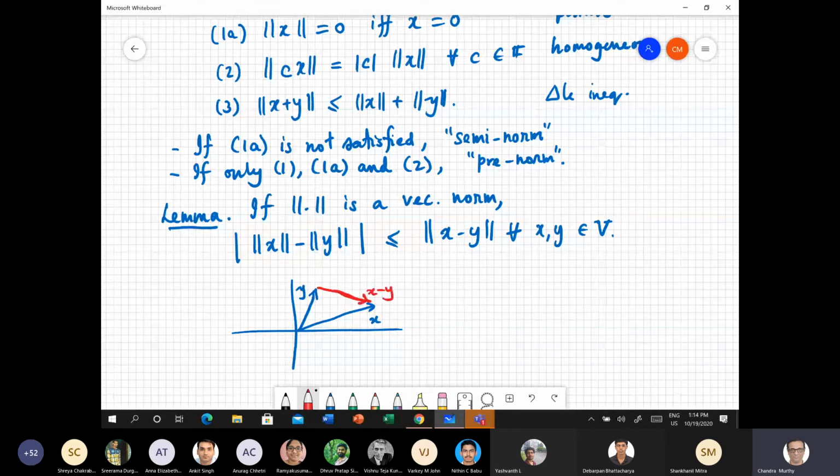This is x minus y. Then what it's saying is that the length of this vector is more than the difference between these two lengths.